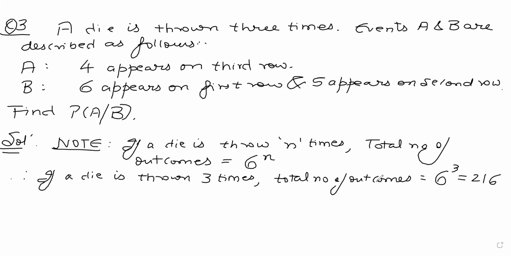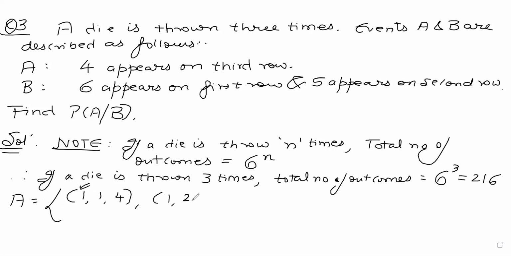Now let's look at event A. Event A is that 4 appears on the third row. So what all possibilities can A have? 4 appears on the third row means the first 2 can be anything. I am fixing 1 in the first place.